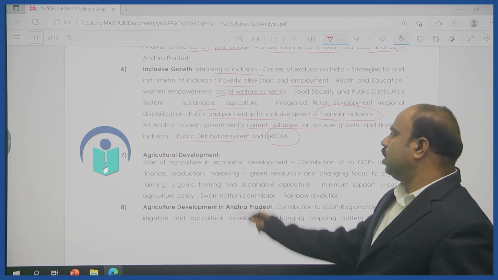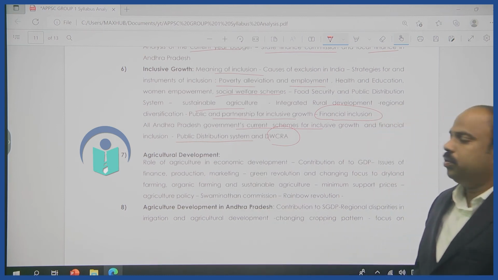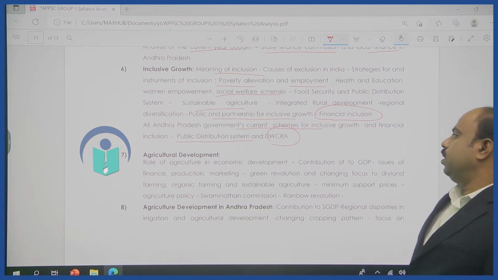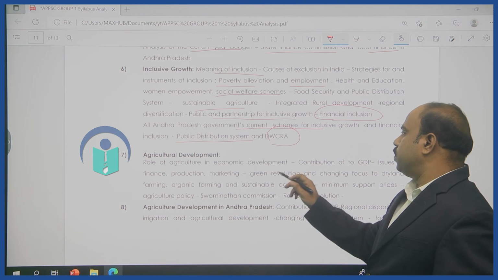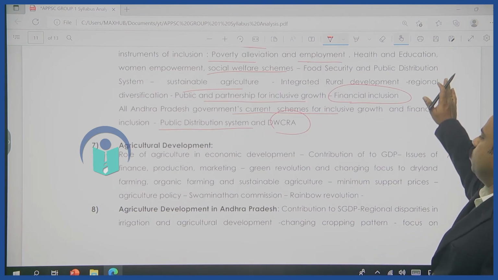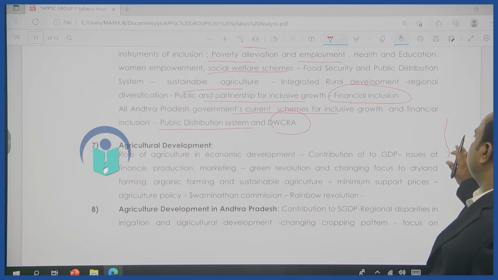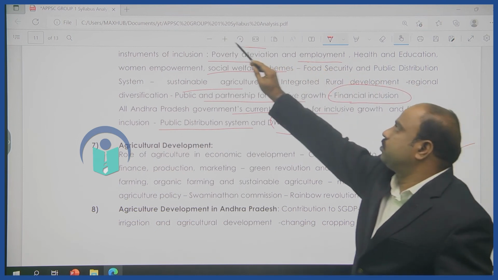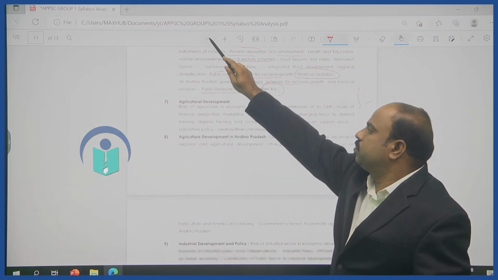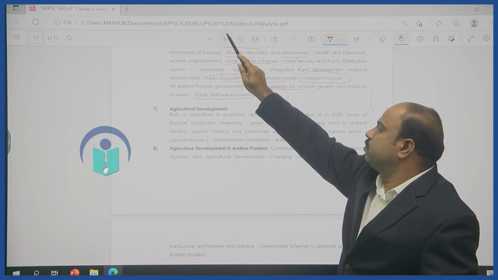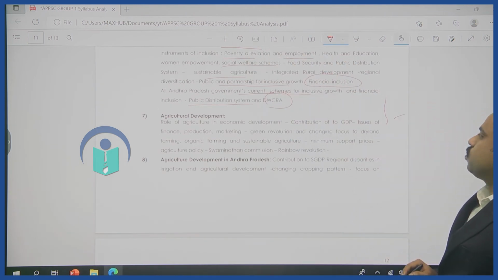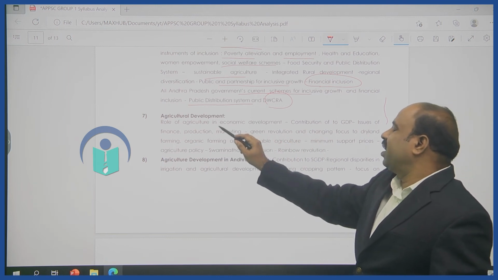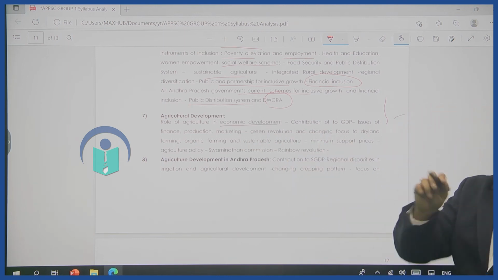So agriculture development in India as well as in Andhra Pradesh. First of all, it is about India: the economic development due to agriculture.